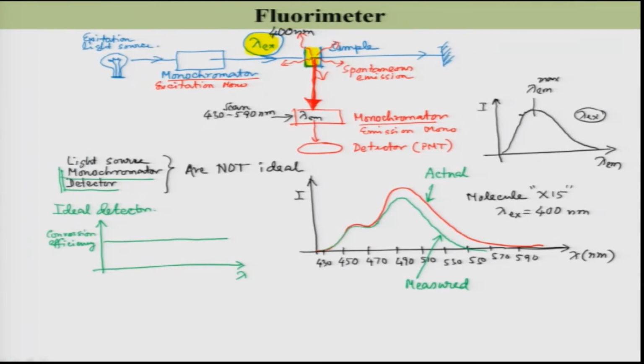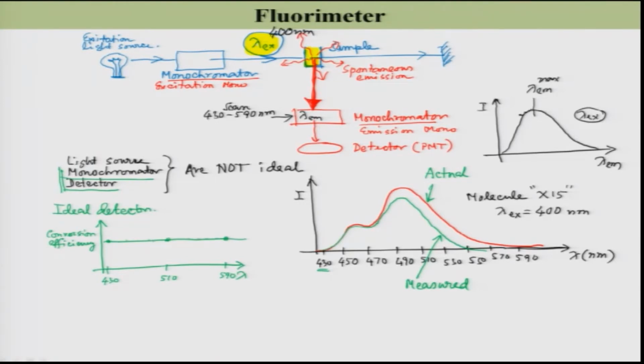So, here is my 430 as I have written over here, here is my 590, let us say, and here is my 510. So, the conversion efficiency for this light is this much, this light is this much, this light is this much, and it is really constant all over this wavelength.